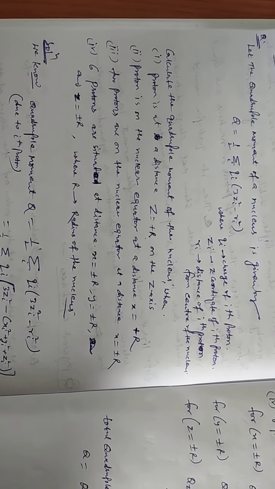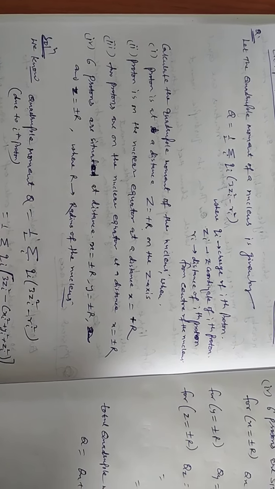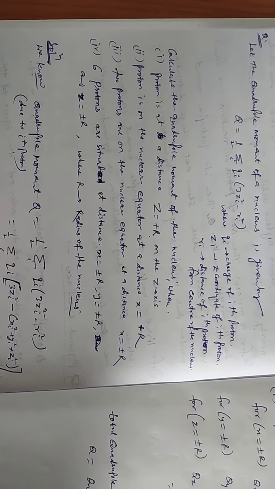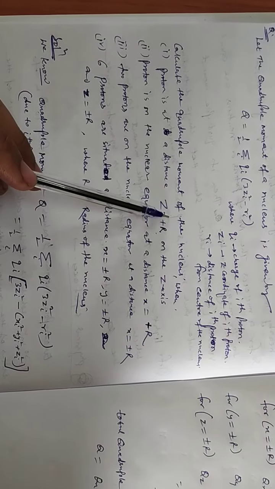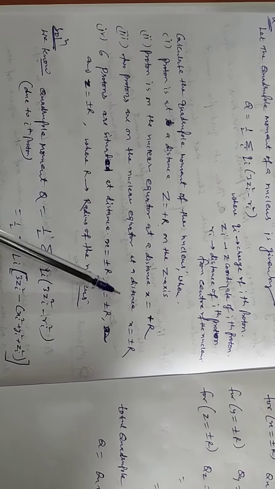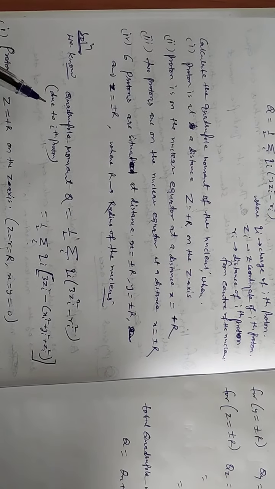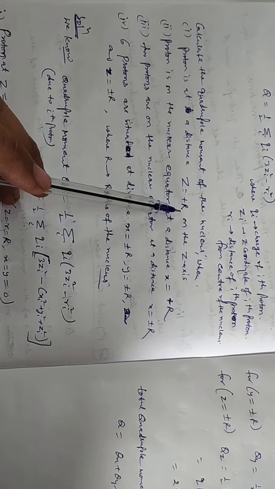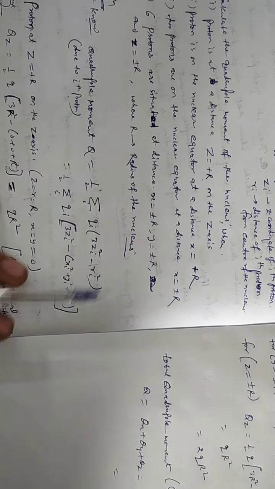We want to calculate the quadrupole moment of the ith proton, which is placed at different locations in different cases. So one such case is this one, when Z equals R, which means the proton is situated at R distance from the center of the nucleus.